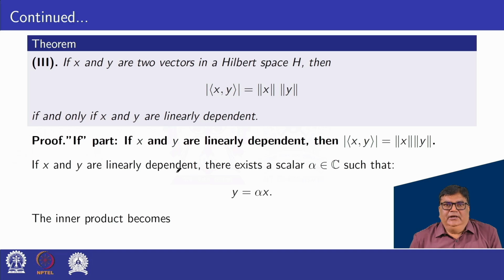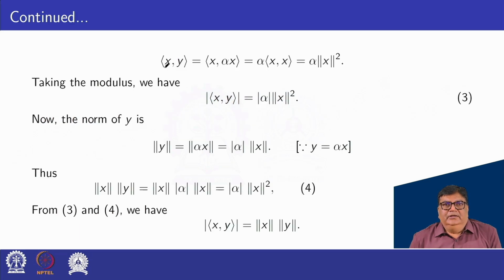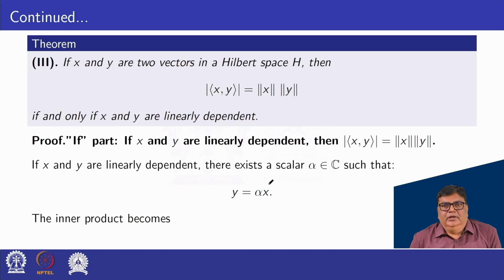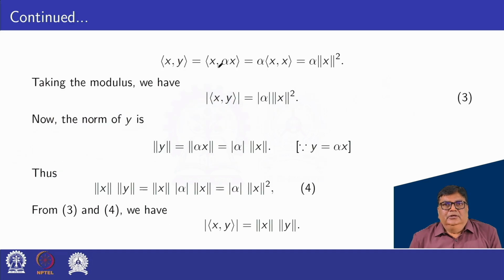Because x and y are linearly dependent, we can write y is equal to alpha x. The inner product of xy equals inner product of x and alpha x, putting the value of y as alpha x.